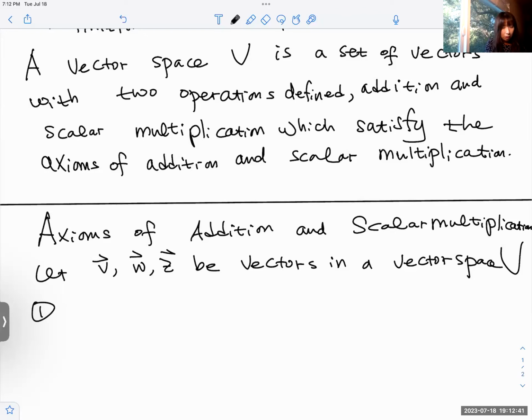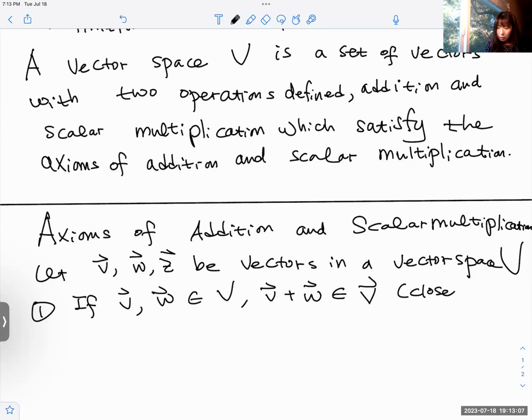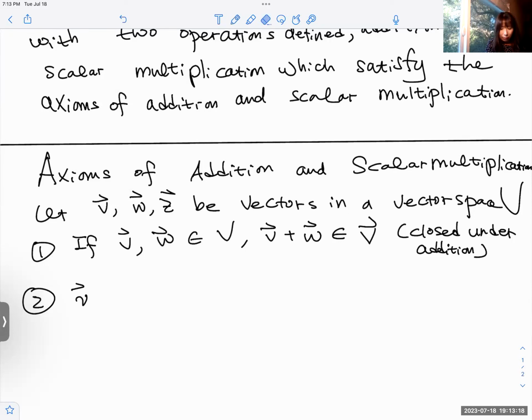Number one, closed under addition. If V, W are in V, then V plus W is also in V, so we call this closed under addition. Second, V plus W equals W plus V, so commutative.